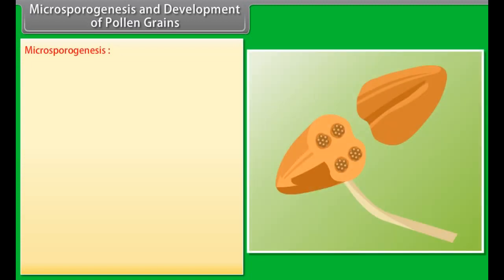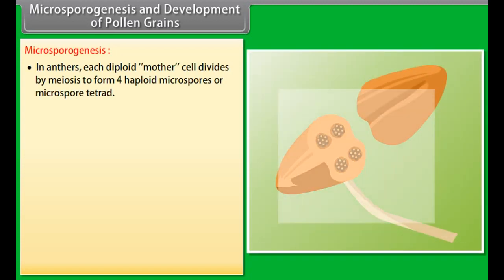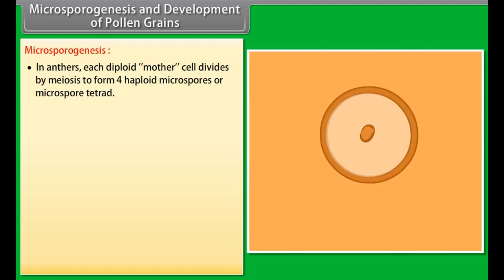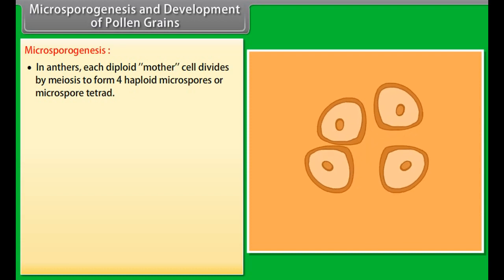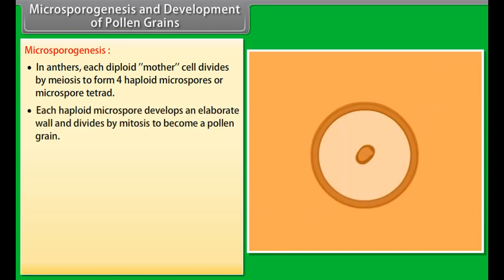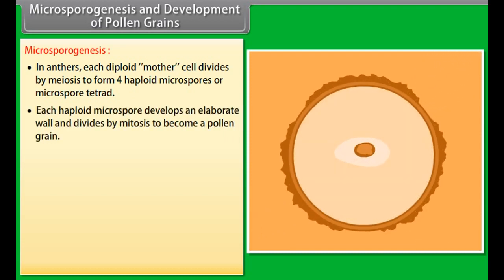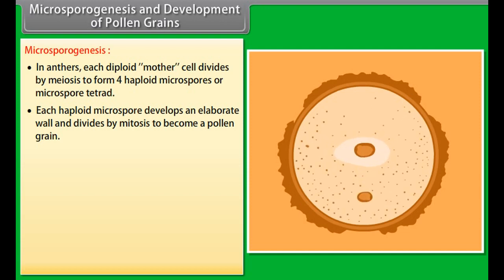Microsporogenesis and development of pollen grains. Microsporogenesis: in anthers, each diploid mother cell divides by meiosis to form four haploid microspores or microspore tetrad. Each haploid microspore develops an elaborate wall and divides by mitosis to become a pollen grain.